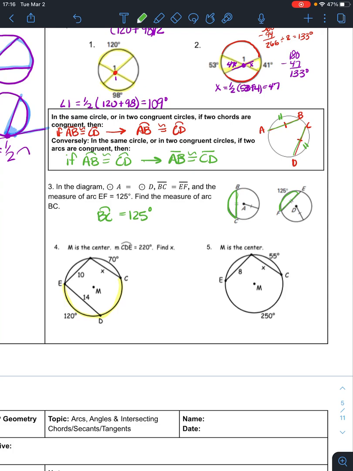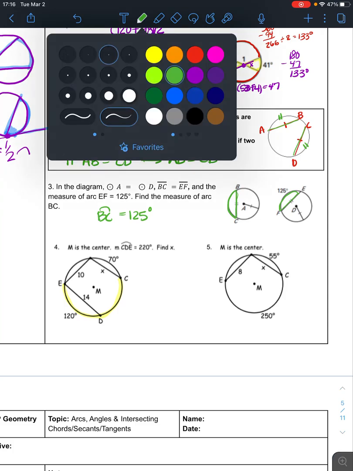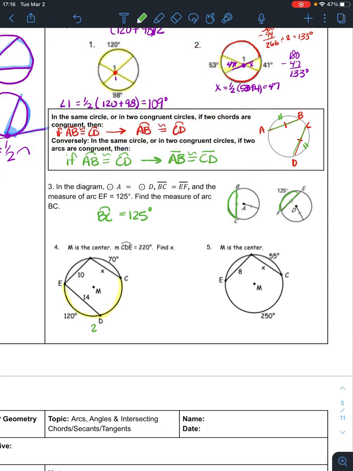Let me label that, 220. So all that yellow piece is 220. Well, if from E to D, this part right here, is 120, then that means C to D must be 100. So I'm trying to decide, is X going to be 10 or is X going to be 14?